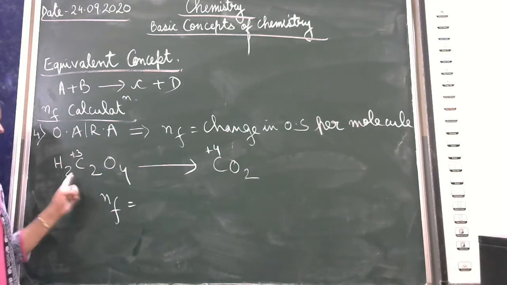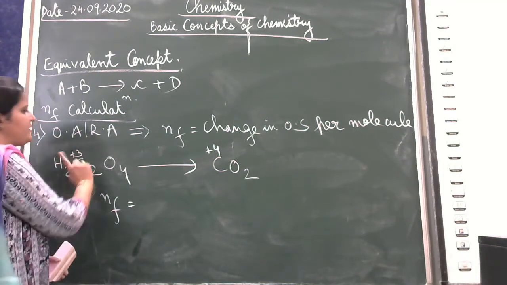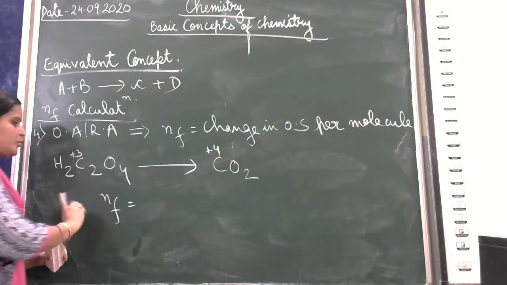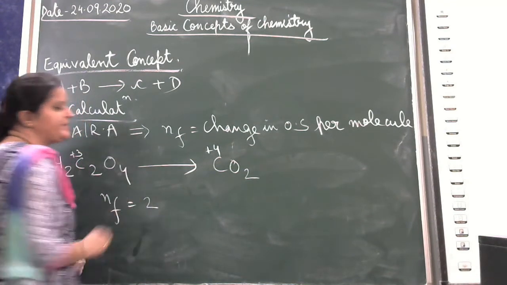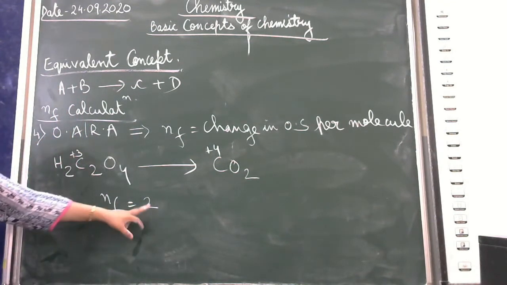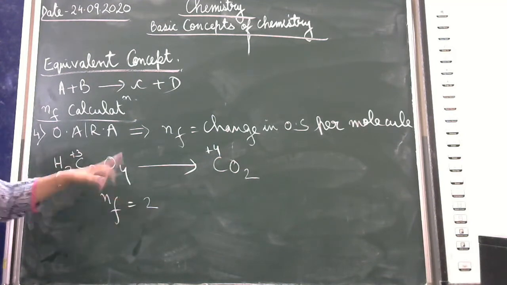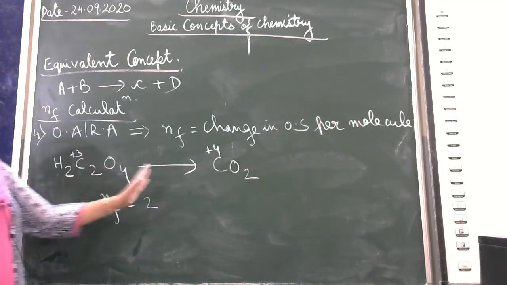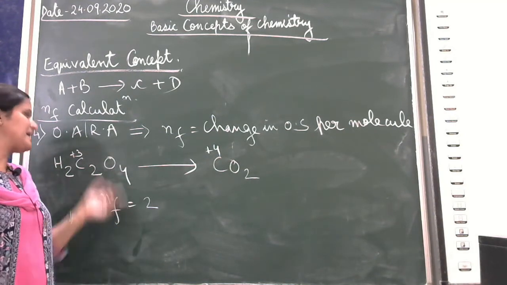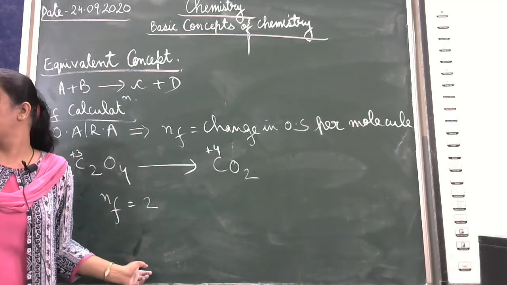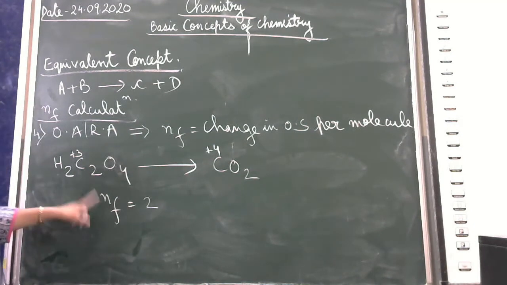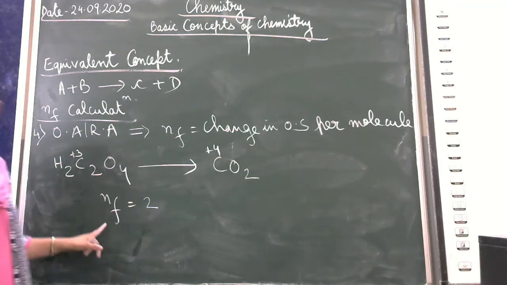There are 2 carbon atoms. So for 1 carbon atom the change is 1, for 2 carbon atoms the change will be 2. So the n factor will be 2. This is a common mistake which students usually make while calculating n factor. Do remember this is how we calculate our n factor.